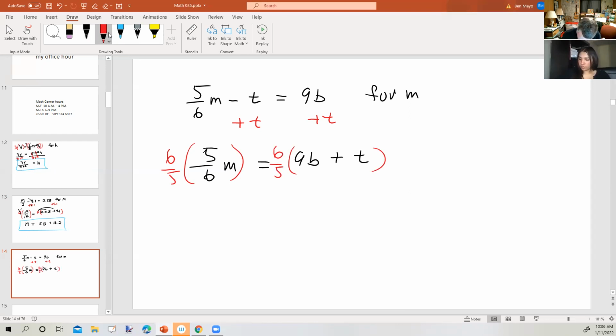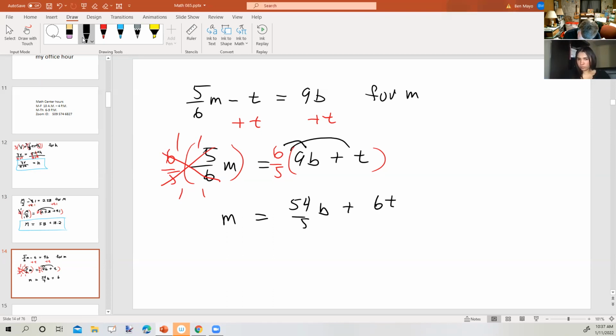On the left side, the 6 is reduced down to 1 over 1, and the 5 is reduced down to 1 over 1. 1 times 1 over 1 times 1 is 1, and 1 times m is m. On the right side of the equation, we get 54/5 b plus 6t over 5, and you could write it that way.